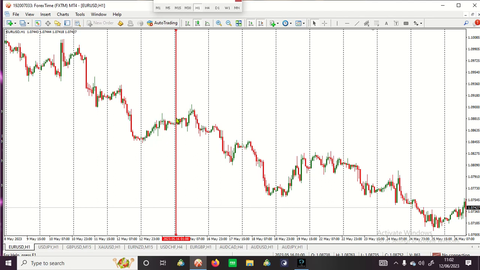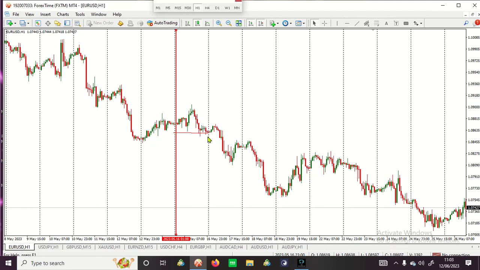Looking at this, you see from here that this market has taken this low, breaking this low and dropping down. It's a sign of what? Bearish sentiment. This is the low that was taken from here, the previous day low.